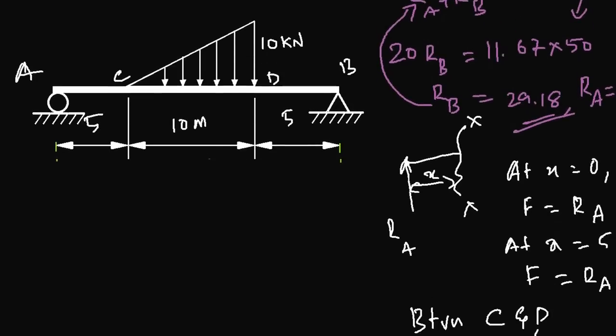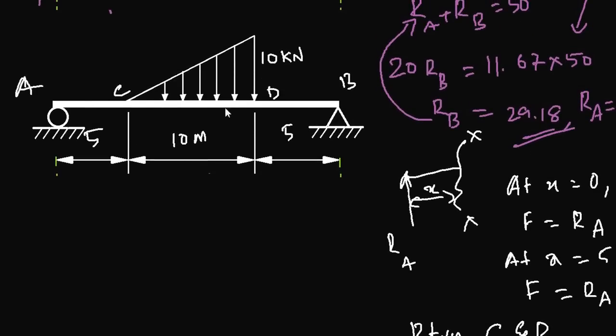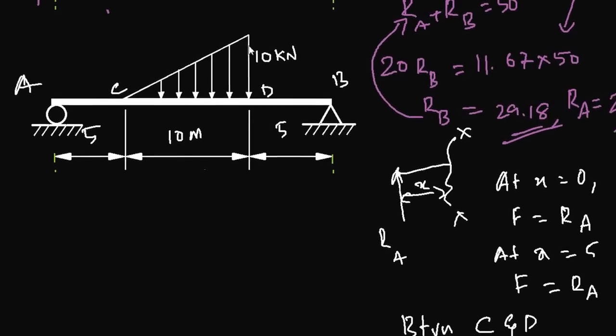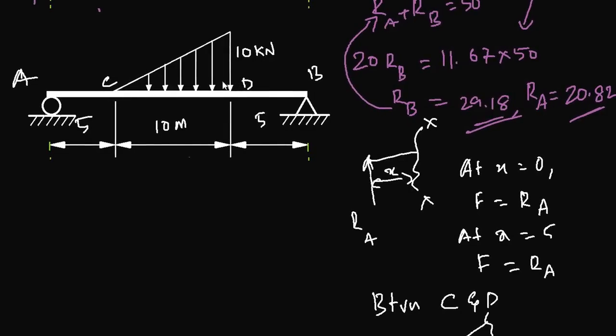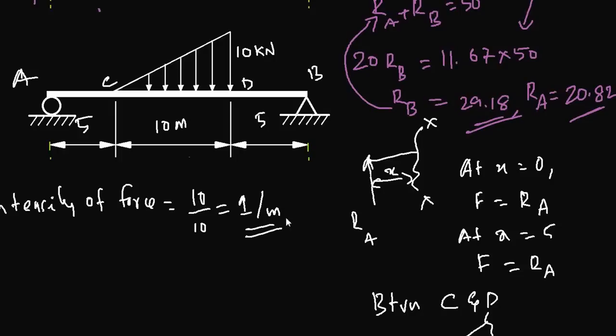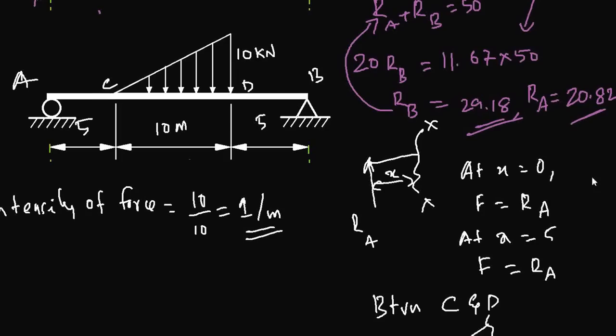How do we calculate that? Because it spans a 10 meter length, and the maximum load is 10 kilonewton. So the slope of this line is 10 over 10, that is 1 per meter.